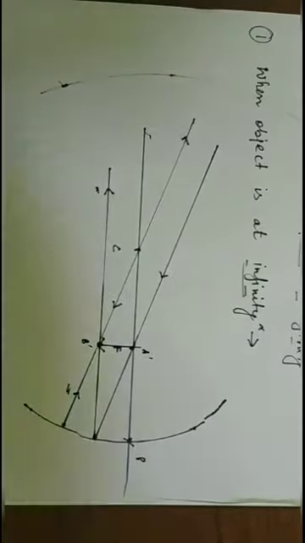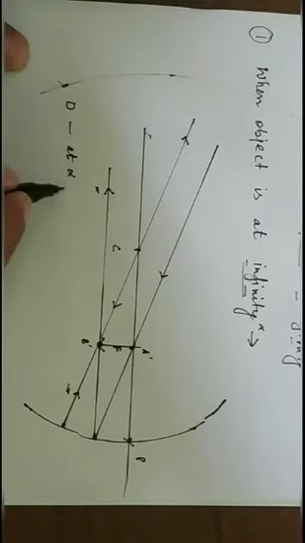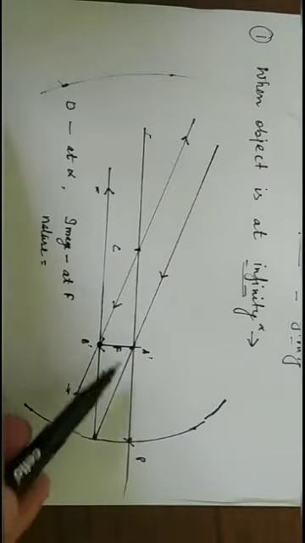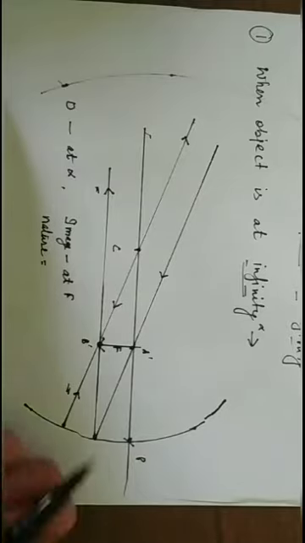So what do you conclude from here? When your object is at infinity, your image is at focus. Now what is its nature? From here you can see that the rays are actually meeting after reflection.